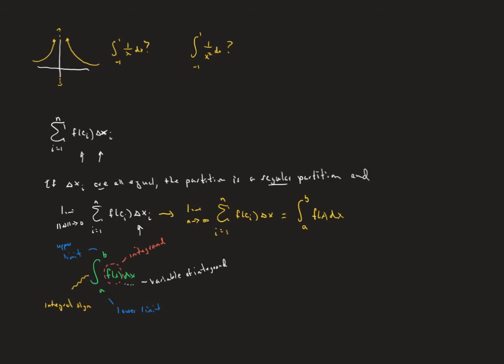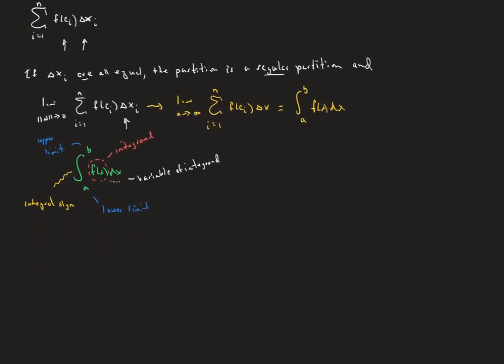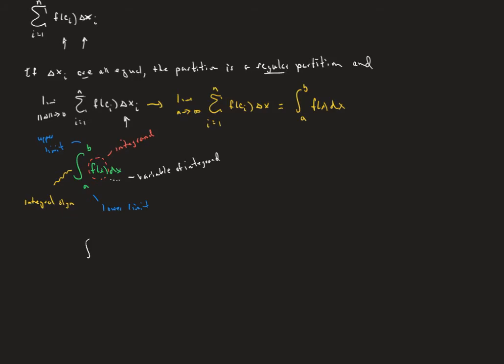Let's see, what else can I say? So what we name this doesn't matter. Whether we call it the integral from a to b of f of x dx, or whether we call this the integral from a to b of f of t dt, or whether we call it the integral from a to b of f of y dy, the name that we call that doesn't make any difference.